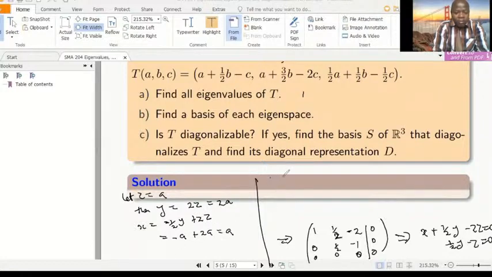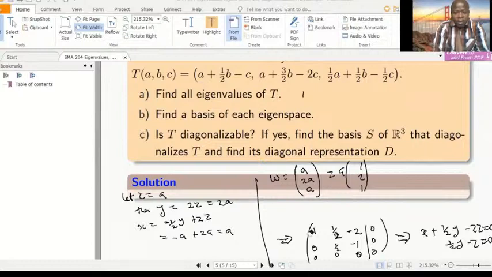So what about w there, which was xyz? W will be x. X is a, and y is 2a, and z is a. So this can be rewritten as a times 1, 2, 1. And so what is the basis?